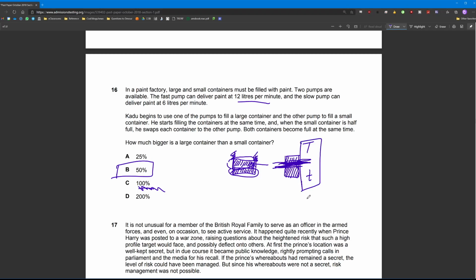So whichever way you assume the small container starts, it will always end up being the case that the larger container is filled at each pump for a certain amount of time.